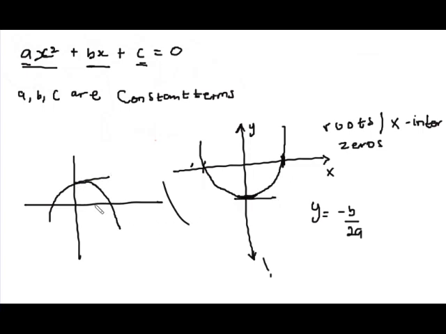For this case, the a value from this equation would have to be less than 0, and for this case, the a value would have to be greater than 0. So we have a minimum value when the a value is greater than 0, and we have a maximum value when the a value is less than 0.